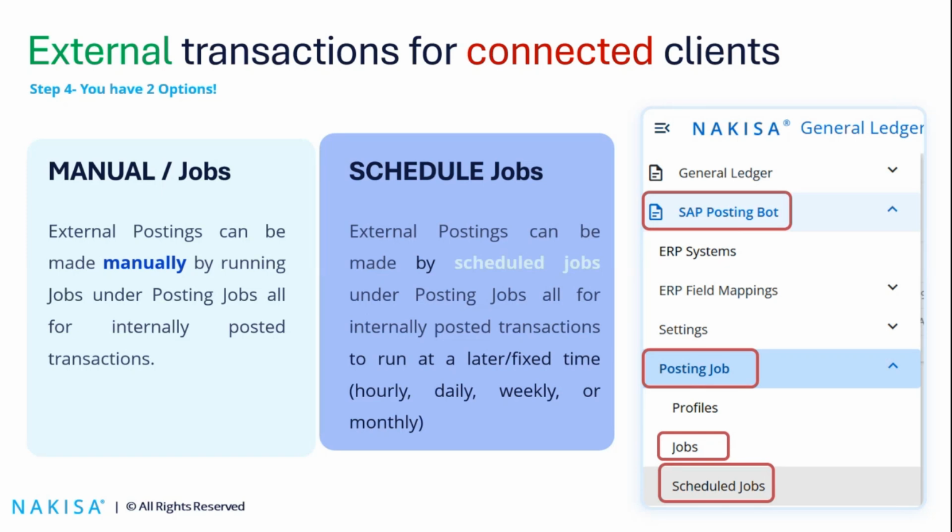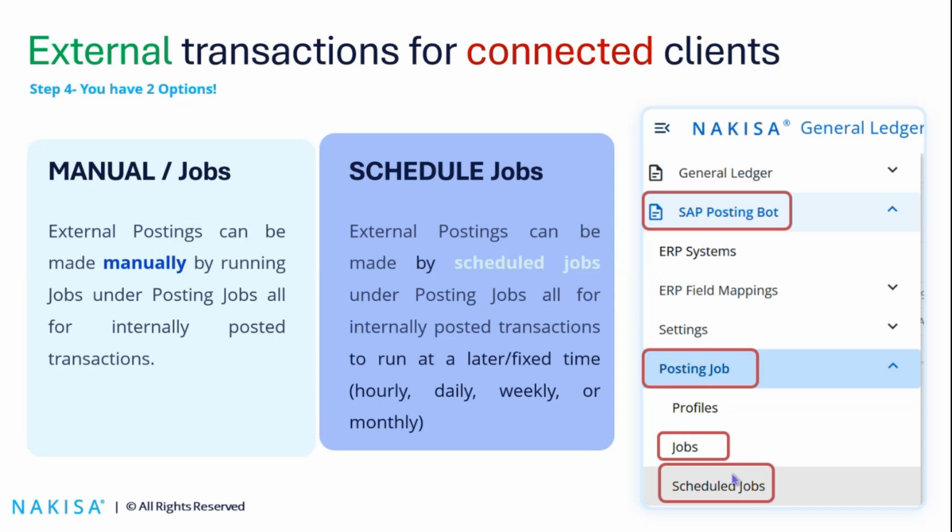If a client is using a scheduled job, then that posting will just be sitting. So if you want to run the posting job right away, manually, you can simply click on the job icon and the system will run to post all the open transactions that are ready to be posted externally.